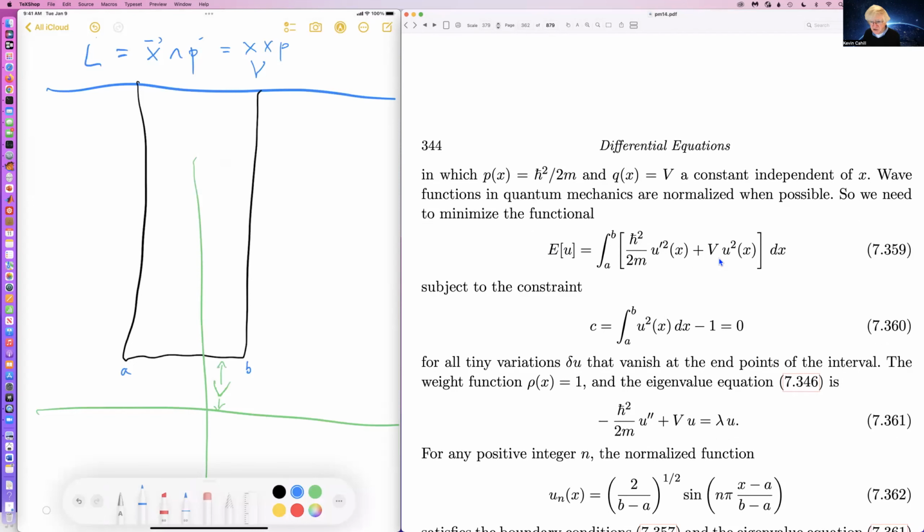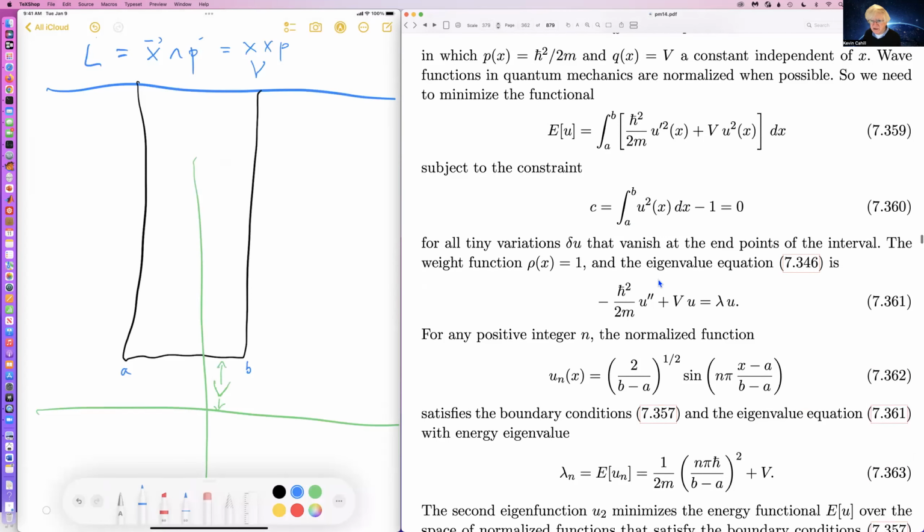And so the energy functional then is this, and it's subject to the constraint that integrated from A to B, it's equal to 1. And so if you vary this subject to this boundary condition, you get this equation here, where the eigenvalue, you see, is the Lagrange multiplier. I should have said that more often.